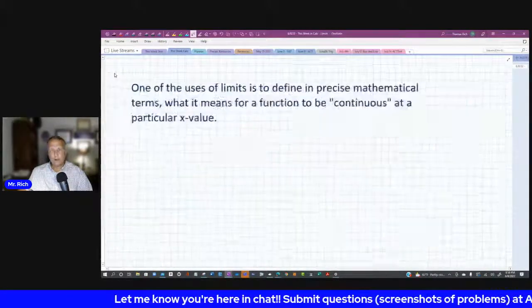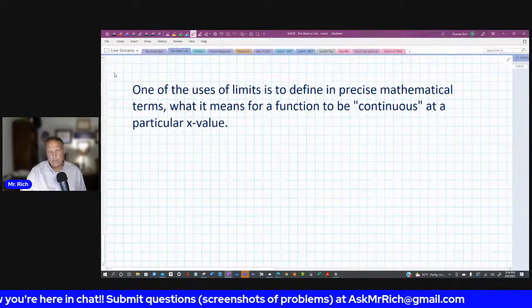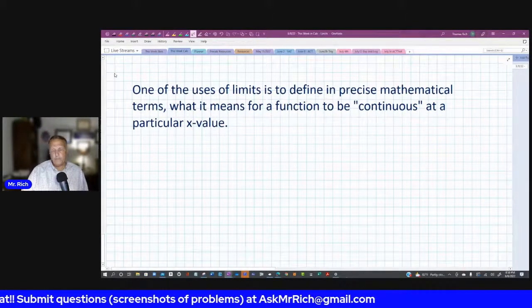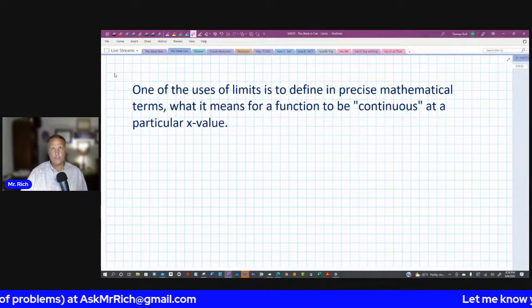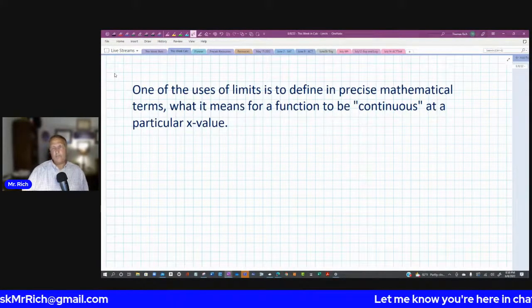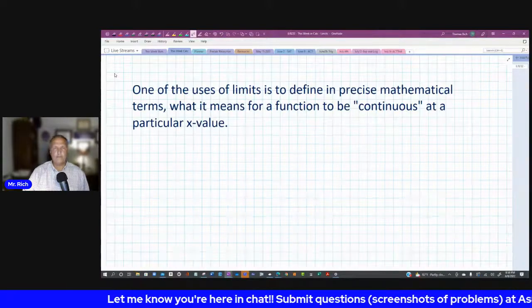You probably, in most of your pre-calculus classes, and maybe in algebra 2, talked about the idea of a function being continuous. Generally, when we talk about continuity, we talk about continuity at particular x values of a function.